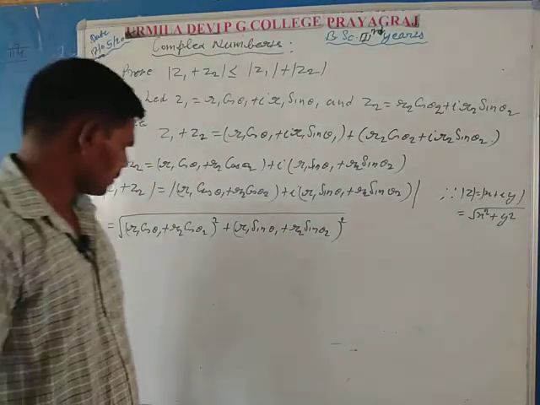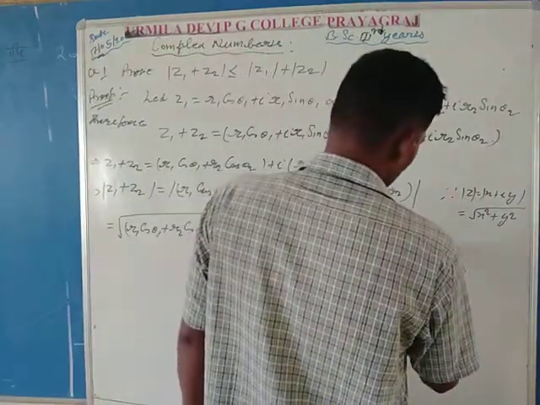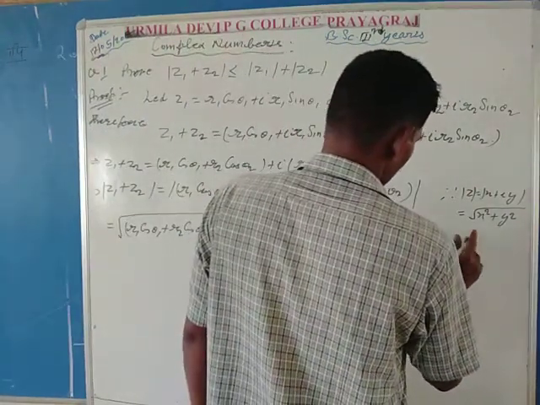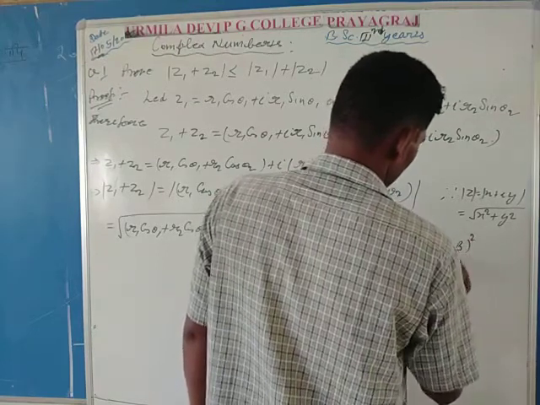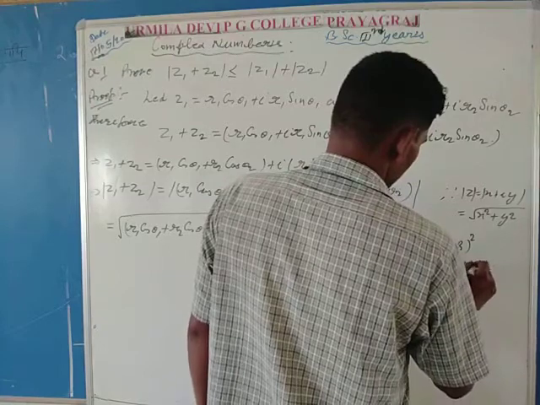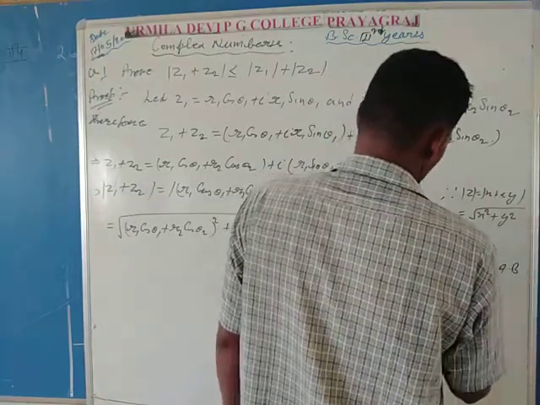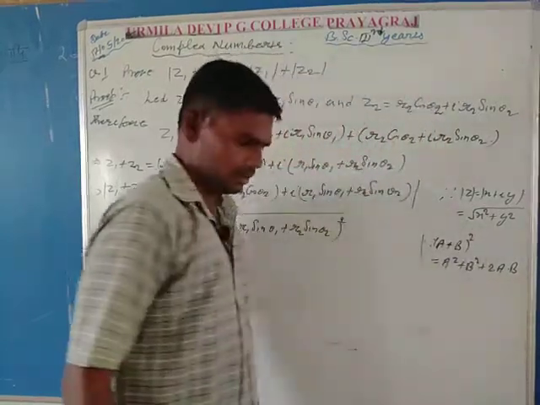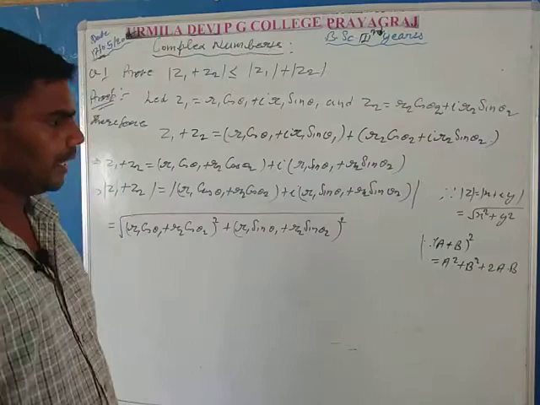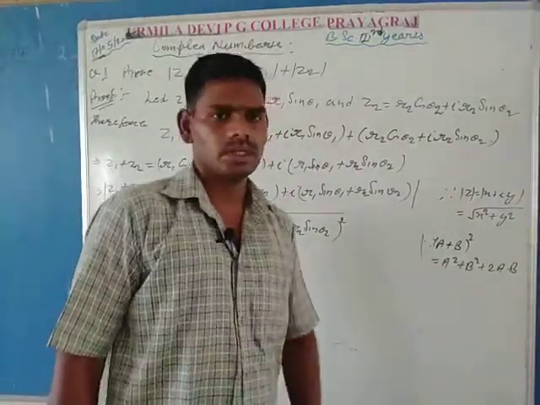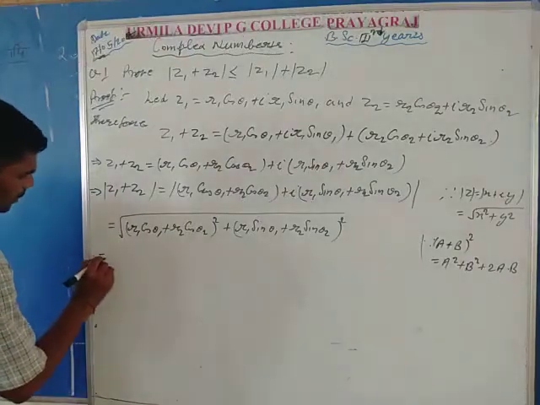Opening this whole square by the rule of a plus b whole square, which is equal to first square plus second square plus 2 times first and second. You all learned this formula in high school classes and you know about this.